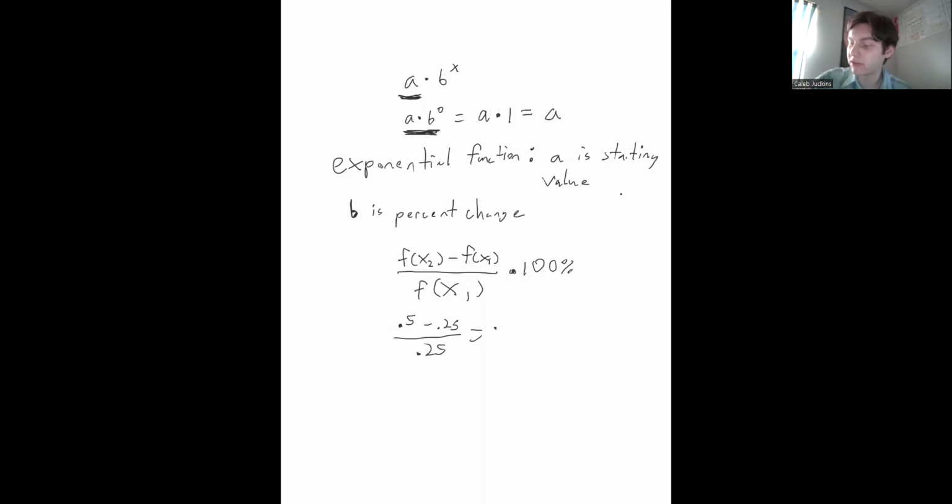Well, that difference on the top is 0.25, and then divided by 0.25 is 1, or 100%. So 0.25 plus how much of 0.25 is 0.5? 100%.